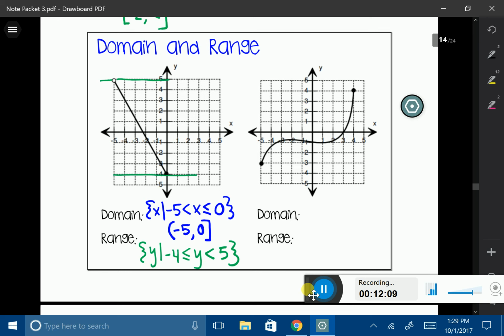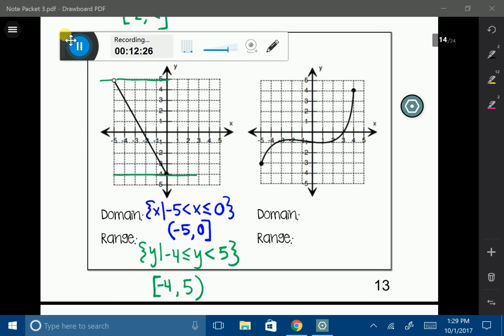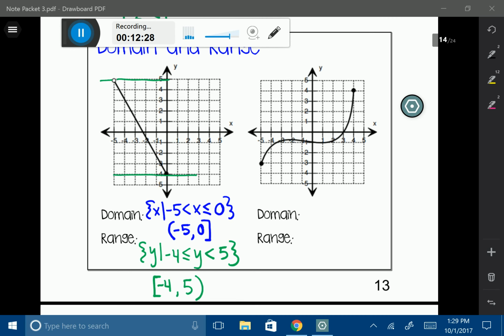Okay, and my interval notation, it looks like it's going to be a bracket, -4, because -4 is included, comma, up to my highest, which is 5. And I'm not going to include it, so it's going to be a parenthesis. All right, let's keep looking at some more of these. The next one, my domain value looks like my lowest domain is going to be -5, and my highest is going to be 4.